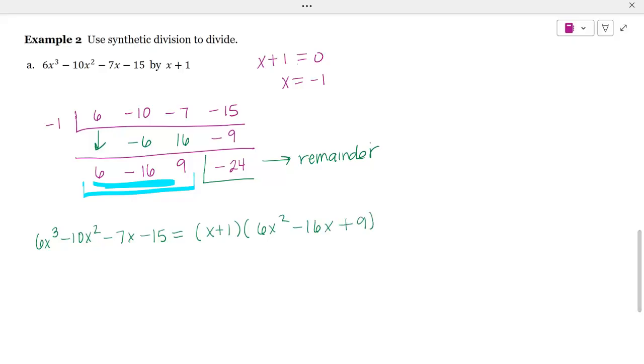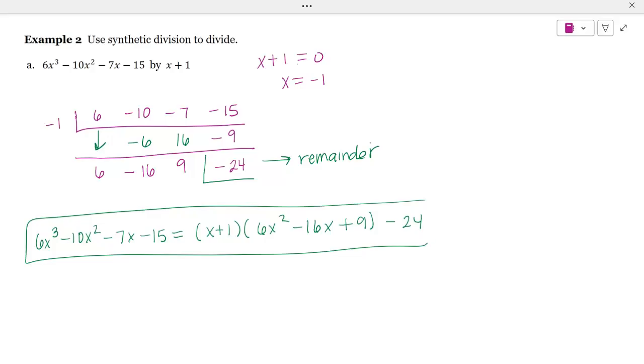Each of the numbers sitting there are the coefficients of this new polynomial, starting with the first term going down 1 degree from the original. And then we have our remainder there, which was a -24.